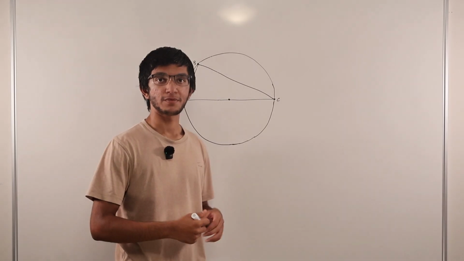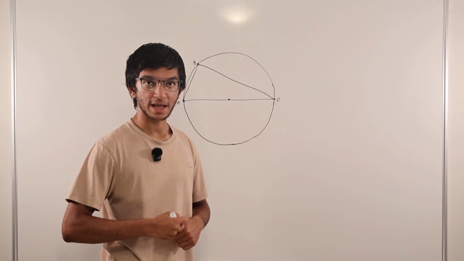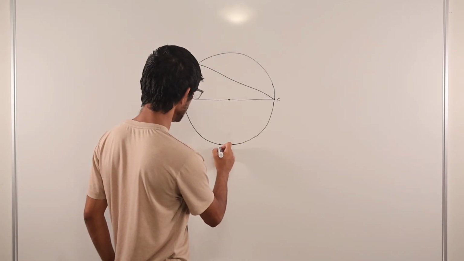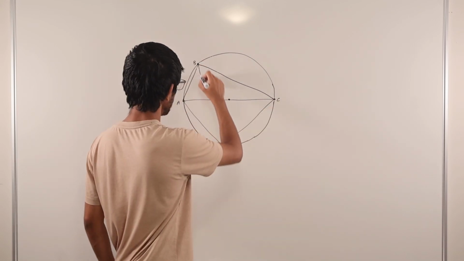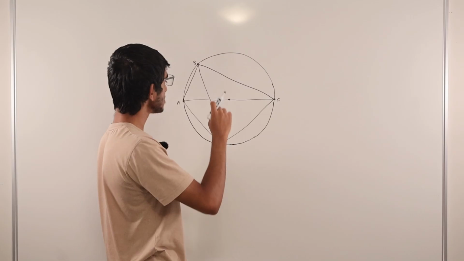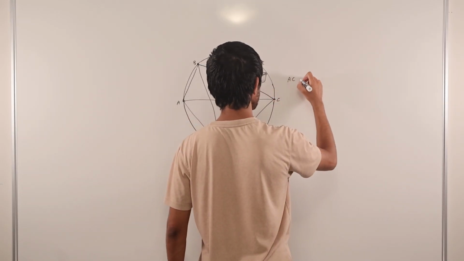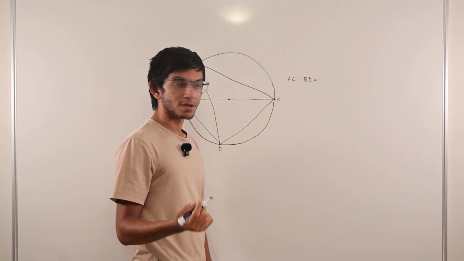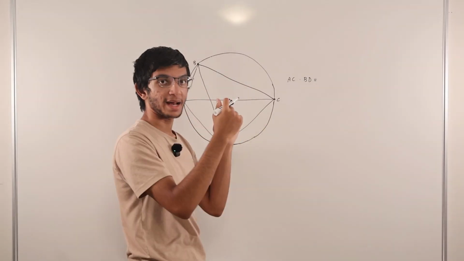This theorem, combined with Ptolemy's theorem, which states that for any quadrilateral inscribed in a circle, so I'll take this point D here and just make a four-sided shape and another diagonal. If I multiply the lengths of these diagonals, so AC times BD, it's equal to the opposite sides multiplied together and added.